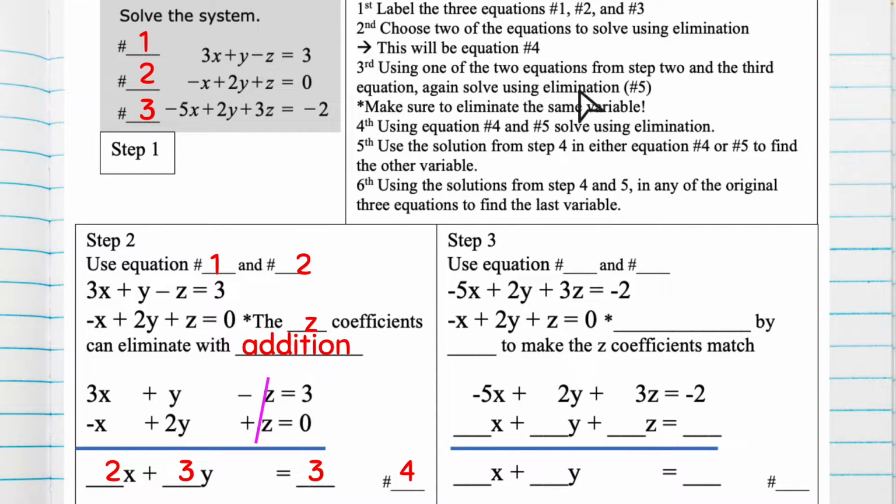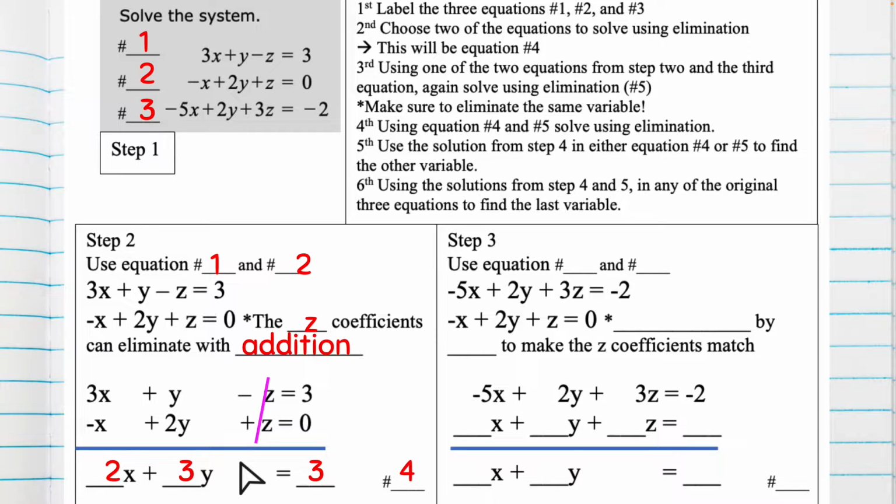And we're going to solve using elimination to create a fifth equation. Make sure that you eliminate the same variable in this case. If I eliminated something other than z, I'm going to have two equations that only have two variables, but they're two different variables, so now I can't solve again. So make sure you're eliminating the same variable.